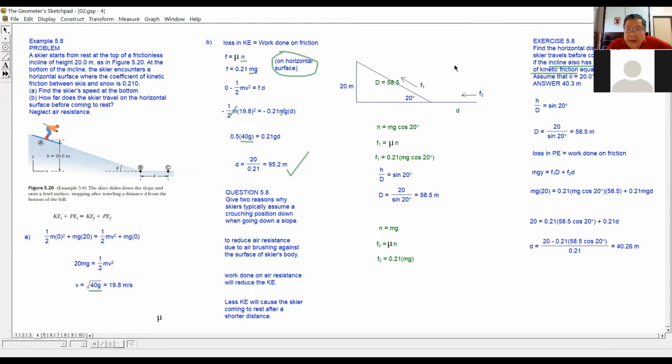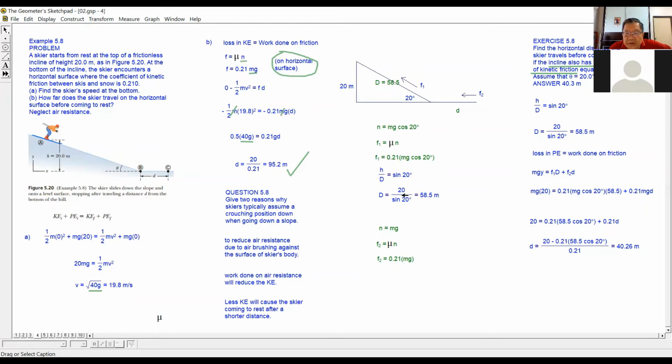So now we make use of trigonometry. The height h divided by the distance along the inclined plane, which is the hypotenuse of this triangle, is sine 20 degrees. So how much is the hypotenuse?